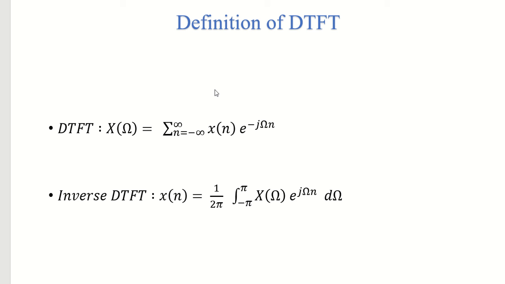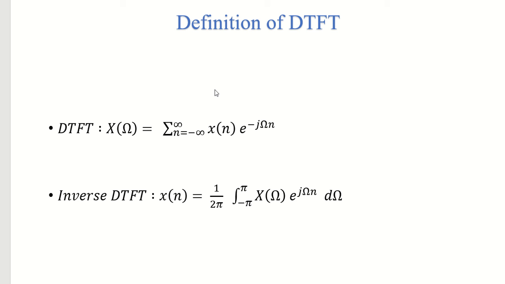But in the definition of my discrete time Fourier transform, we have seen that the summation over an infinite range of n is taken, which means my DTFT exists if the convergence of this summation is possible.